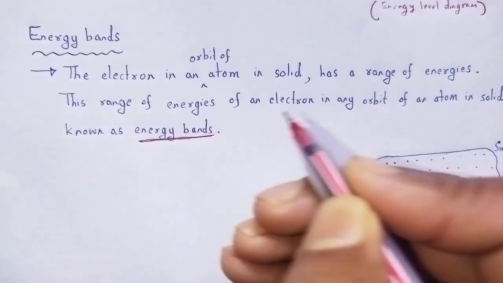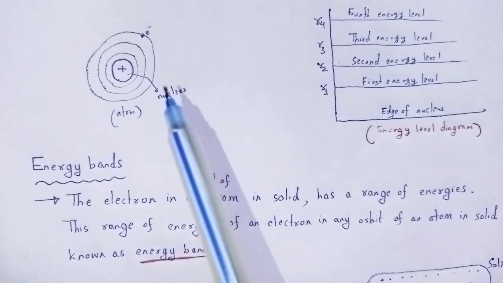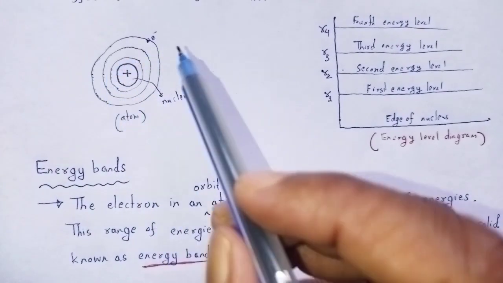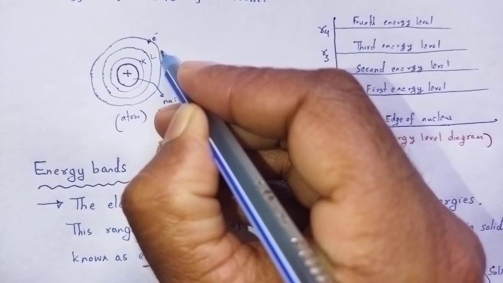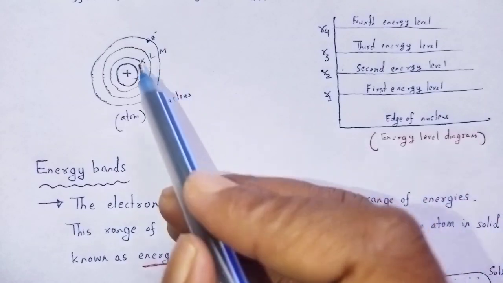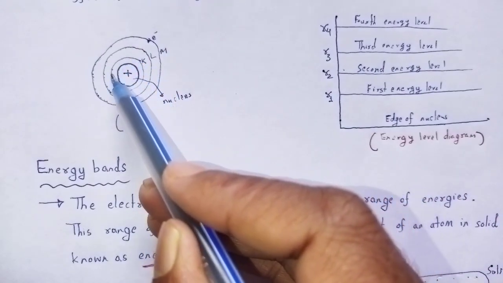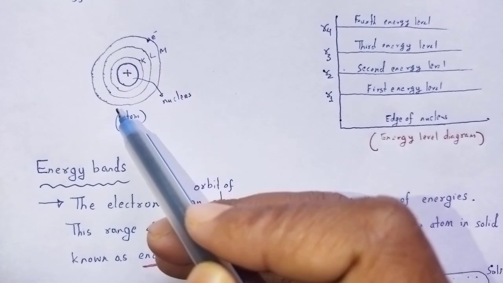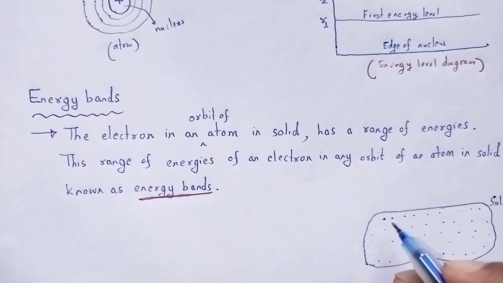Look here, what it says. If we consider an isolated atom, at a particular energy level, let it be K shell, L shell, M shell, like that. In the K shell, the electrons present have a particular energy value. Similarly, in the case of solids, there are a huge number of atoms.